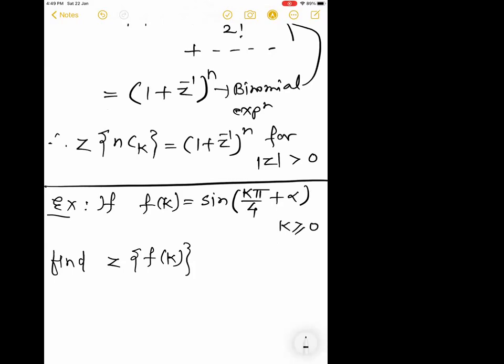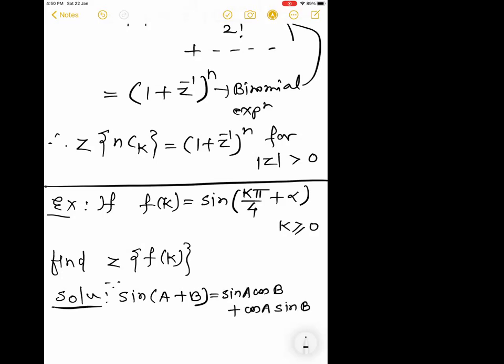Okay, so how will you proceed for this? Again, we will first use the trigonometric identity for the sine function, and then apply the Z transform result. Can anybody tell me what is sine of a plus b? Is this correct?